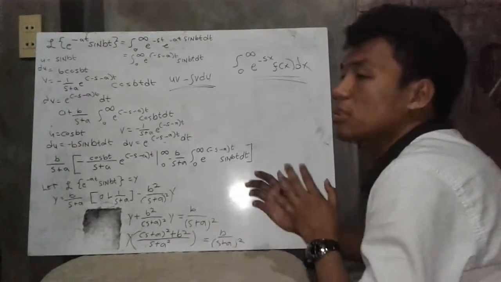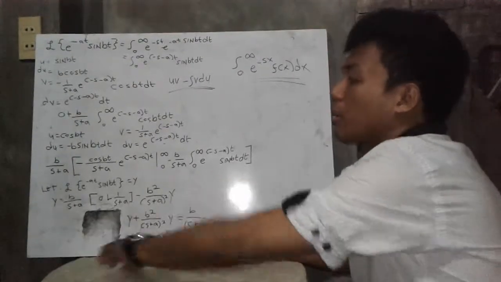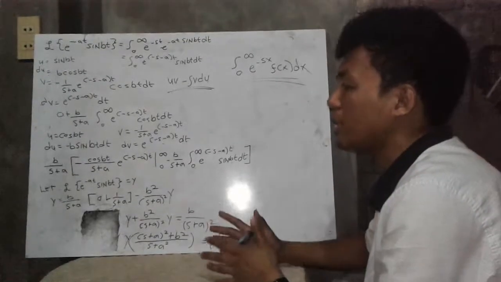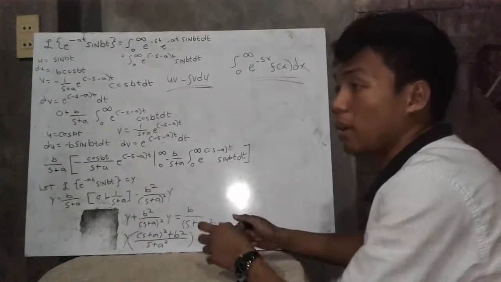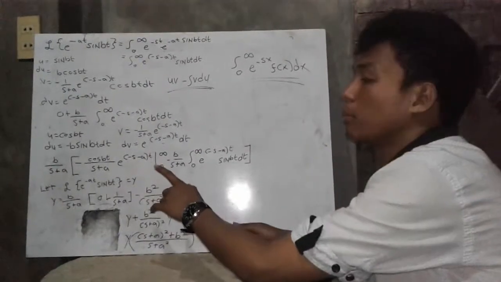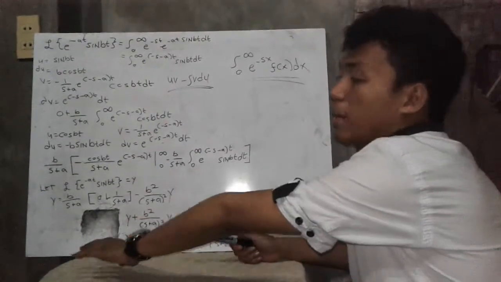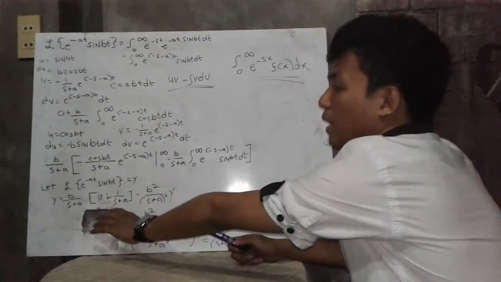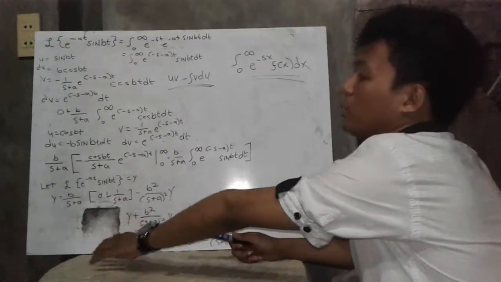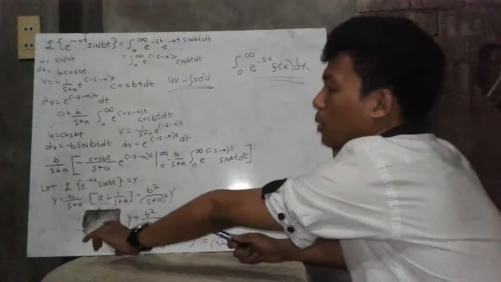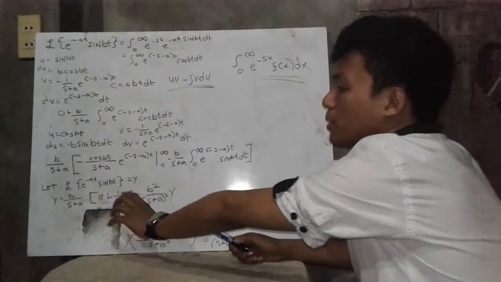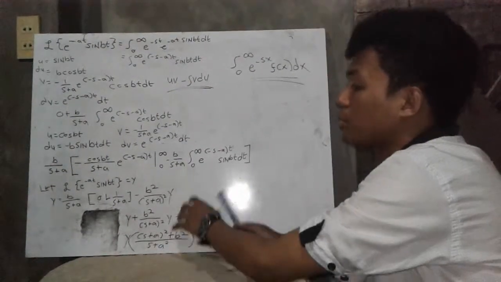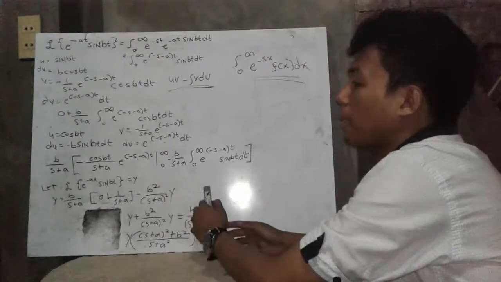Now, let's assume that our Laplace transformation of e raised to negative at sine bt will be equal to y, the given problem. We got b over s plus a times the limit that we got here, which is 0 plus 1 over s plus a, minus b squared over s plus a squared times y.